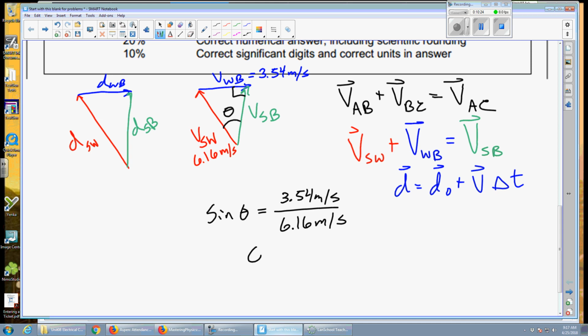The units are going to cancel out. And then I can find what my theta is. Make sure your calculator is in degrees. I got 35.1 degrees, which makes sense to me.